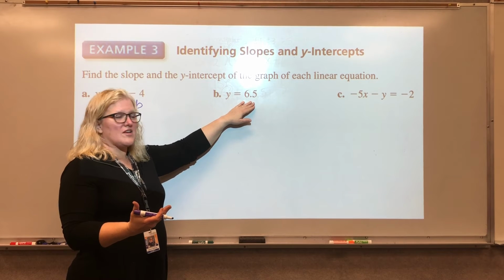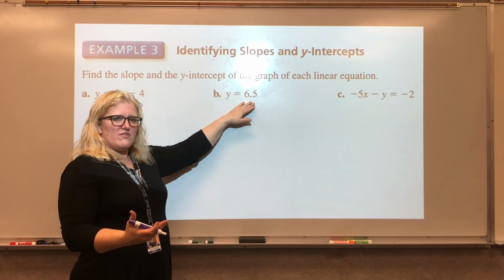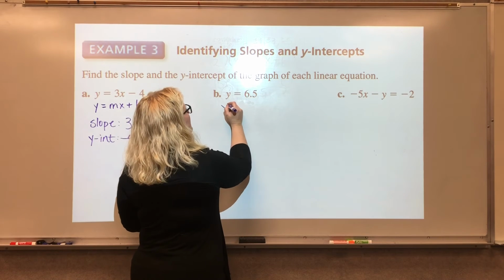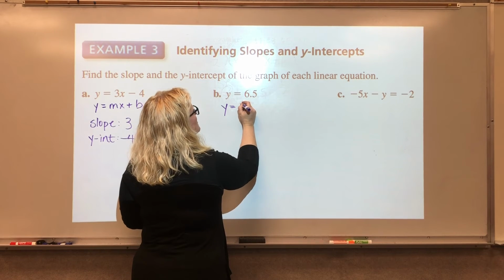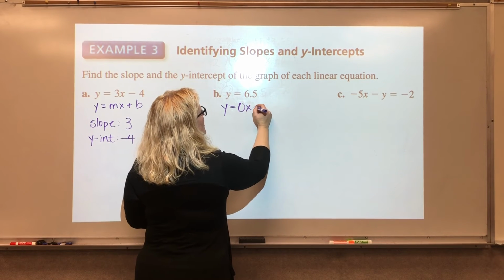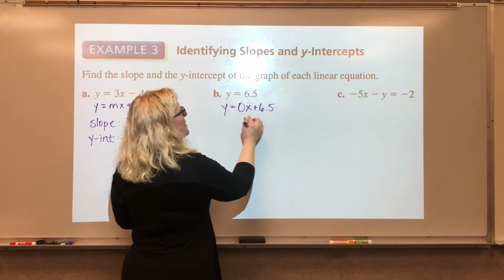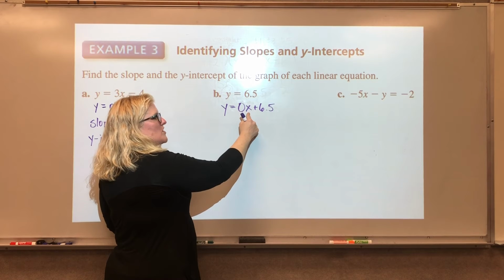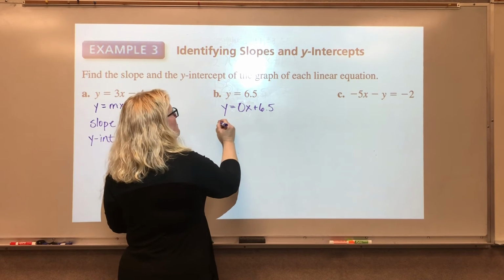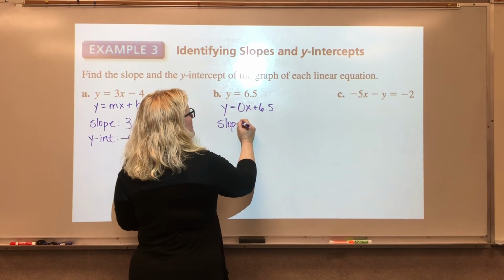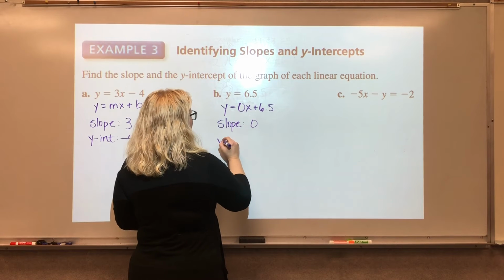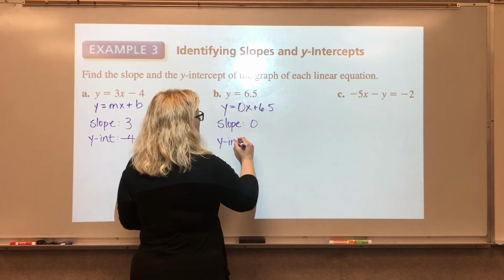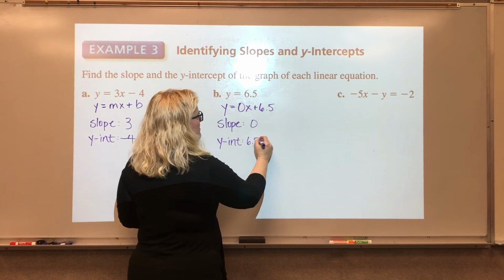Is it in slope-intercept form? Sort of. I could rewrite it like this. y equals 0x plus 6.5, right? Because the 0 goes along with the x. So my slope is 0, and my y-intercept is 6.5.